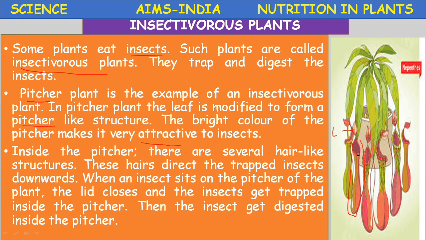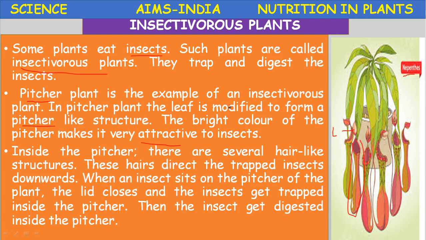Due to the juices which are present inside, it will attract the insects. When the insects enter into this, immediately the lid will close. Then it will feed on the insect. So this plant is also called a Nepenthes or pitcher plant. It is an insectivorous plant.